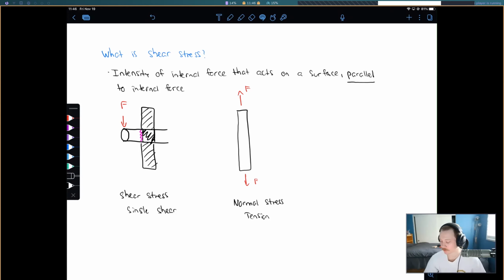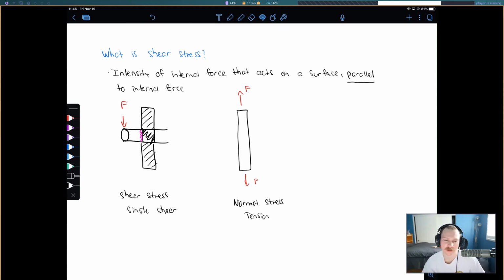In contrast, if we think about the first two labs, we had a tension test. So the force that we had was normal to the surface, okay? So this force here is perpendicular, or normal, to this surface and this surface down here. For shear stress, we have our force here, and that's going to be parallel to our surface.